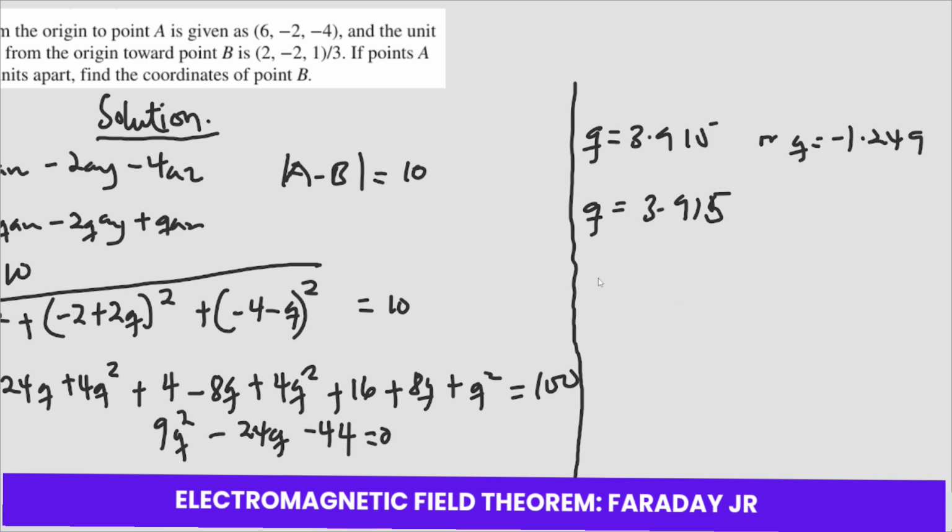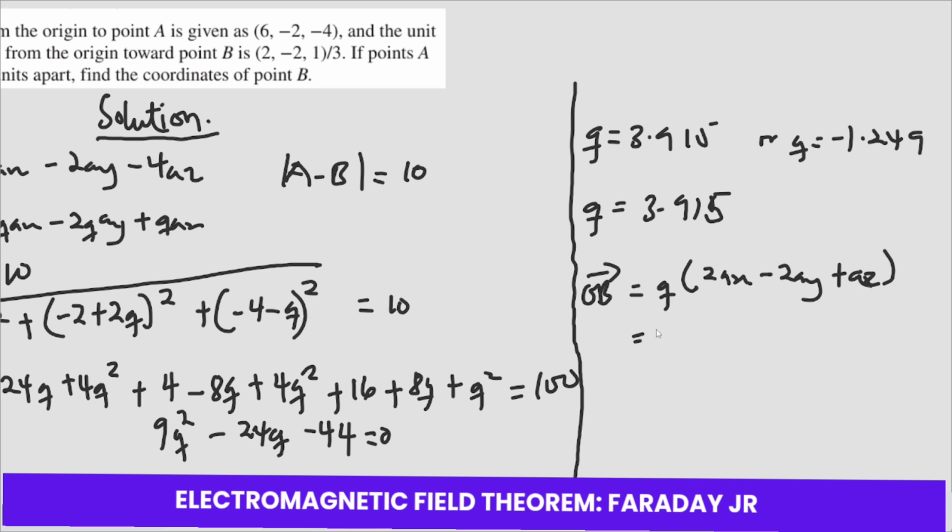Hence, we can now find the coordinates of B. Vector OB should be equal to, mind you, q multiplying 2ax minus 2ay plus az.